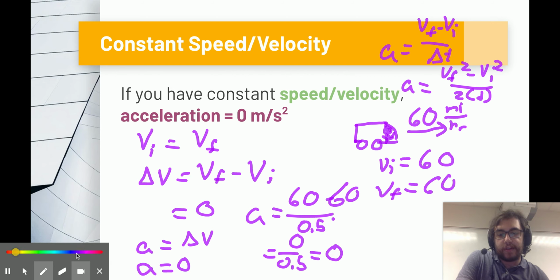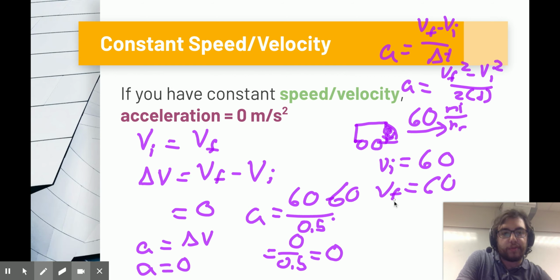Let's change up the color just so your eyes don't burn any more than they already are. Try it again. Let's say I went 60 miles per hour squared minus 60 squared divided by 2 times 30.